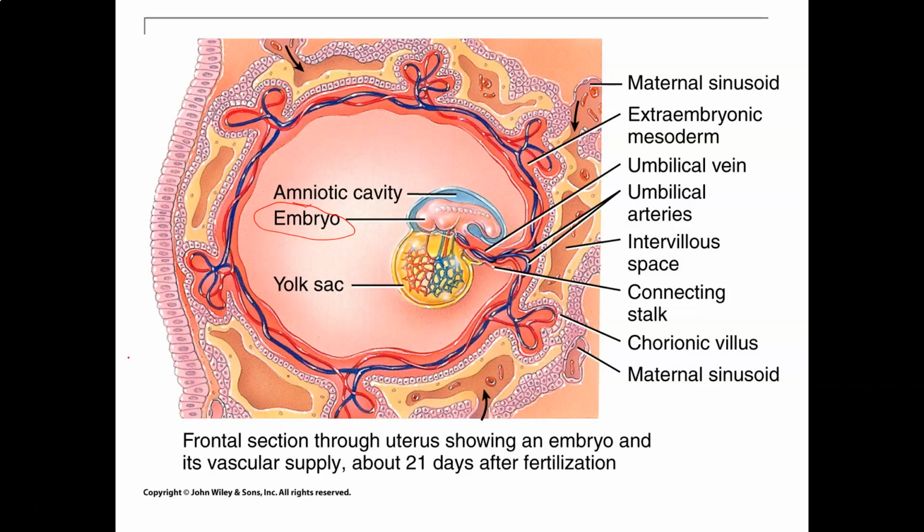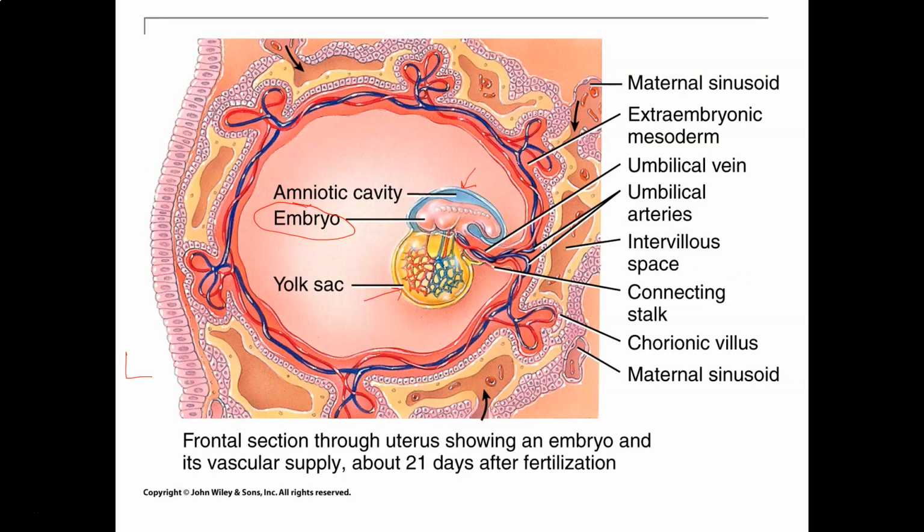The lumen of the uterus is out here, so now implantation is over, and the embryo is completely embedded in the endometrium of the uterus. We see the amniotic cavity better here. It's full of fluid surrounding the embryo. Here we see the yolk sac, still rather large.